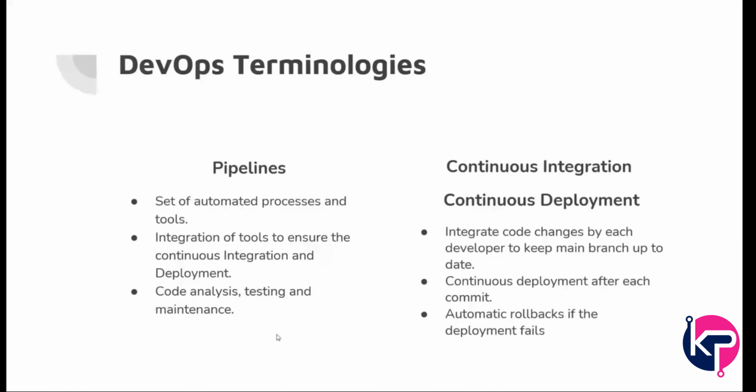So, DevOps terminologies. Some people will call it pipeline, some people will call it continuous integration, some people will call it continuous deployment. Some people call CD by a different term, continuous delivery. So we have two terminologies for CD. Pipeline is nothing but a set of automated processes and tools.